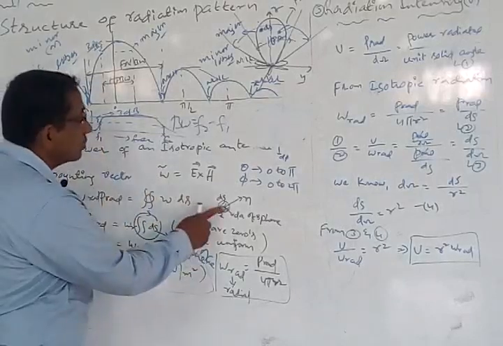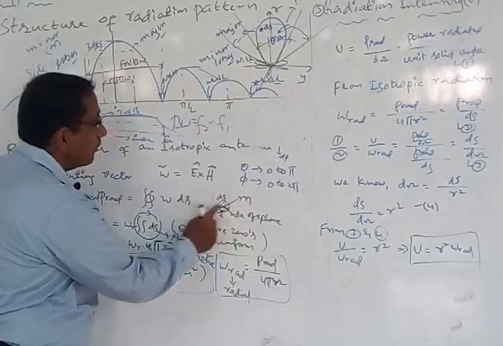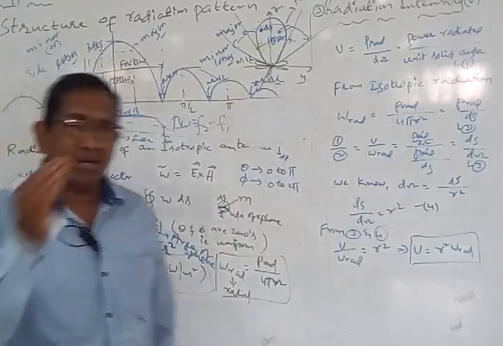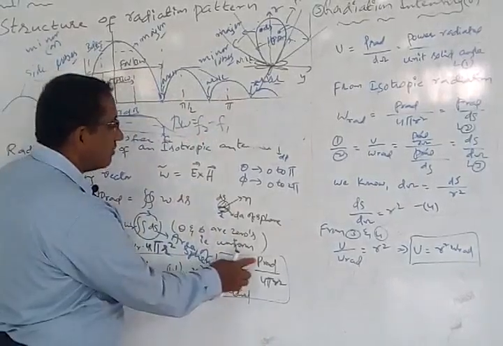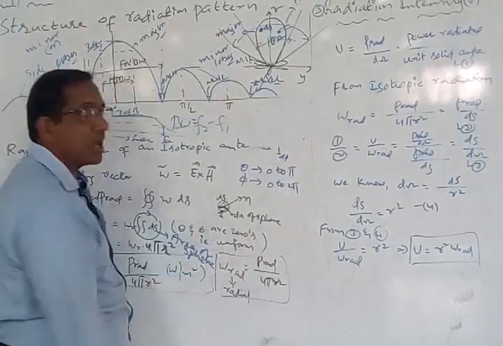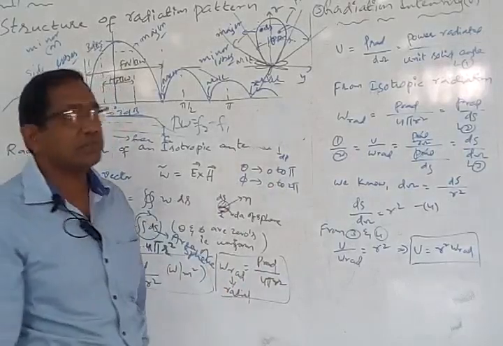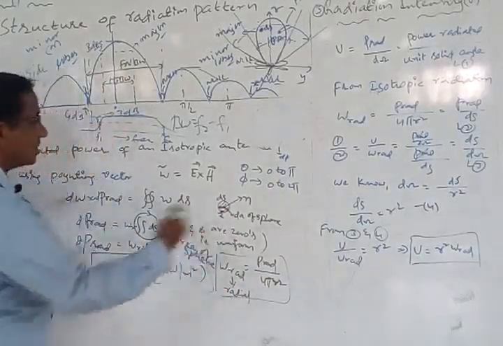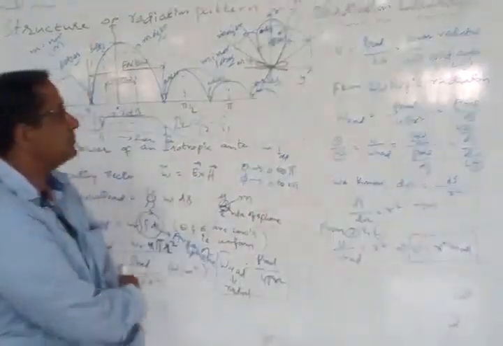Now see, what is the source of power coming out of this differential surface area? It is the power radiated by the antenna. Therefore the differential power radiated by the antenna divided by 4 pi r square is equal to the power coming out of the differential surface area.